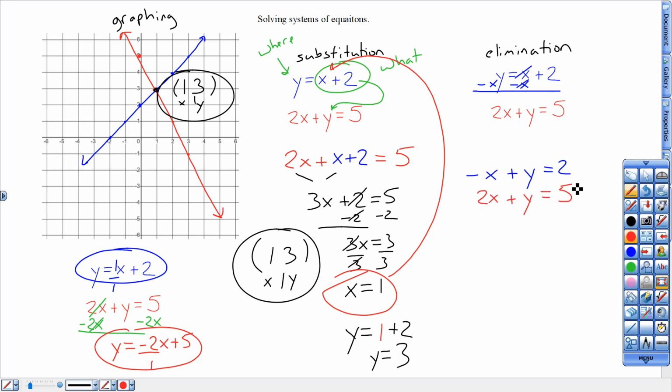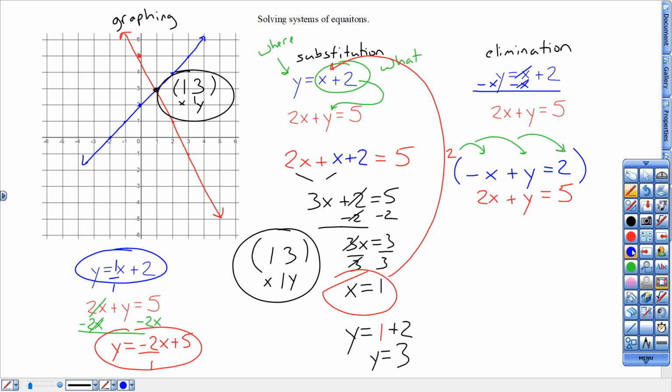It looks like if I took one of my rows and times by probably 2, times this top row by 2 will make this become negative 2x to cancel that one. That's why I'm multiplying that top row by 2. That's my adjustment. I'm going to multiply everything by 2. I'm going to distribute that 2 and then rewrite both.